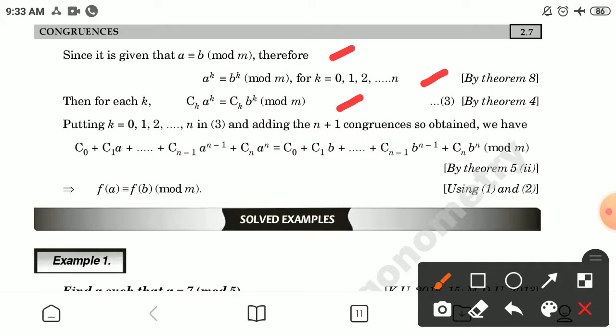Putting k equal to 0, 1, 2, up to n in the third and adding the n plus 1 congruences so obtained, we have c0 plus c1 a plus so on plus c_n a^n is congruent to c0 plus c1 b plus so on plus c_n b^n mod m by theorem 5, second part. This implies f(a) is congruent to f(b) mod m using first and second here.